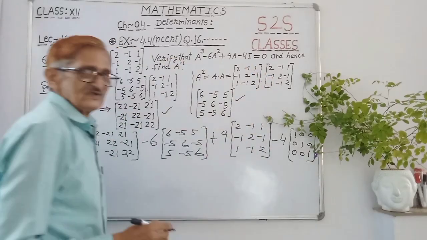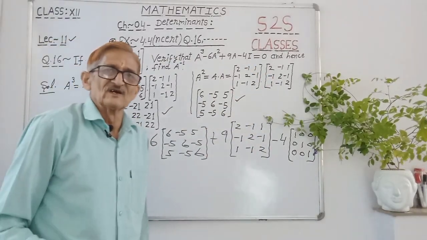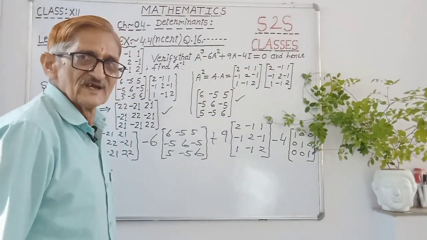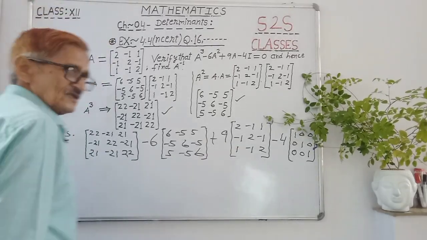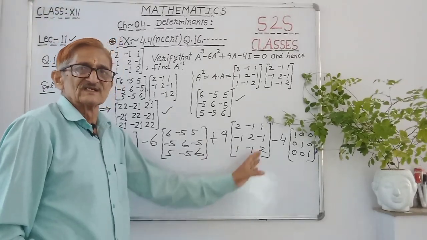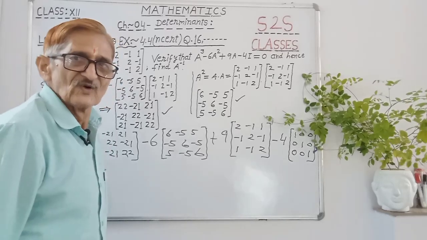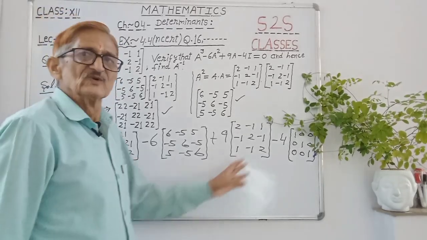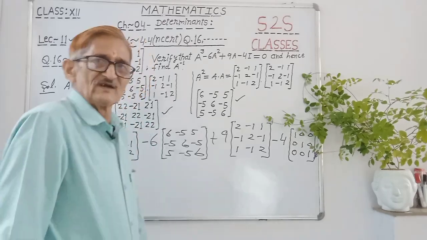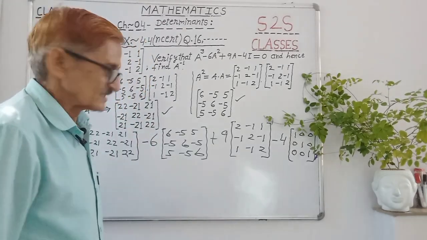This is I, we can say 3 by 3, n is equal to 3. So I3. Okay, because all the others are 3 by 3 matrices. So addition and subtraction with the same order. So here we have to take I as 3 by 3. If the others are 2 by 2, then I take 2 by 2. Okay, always in addition and subtraction.